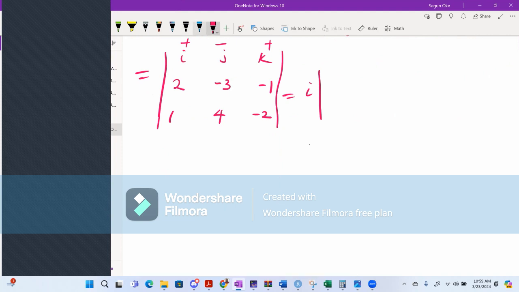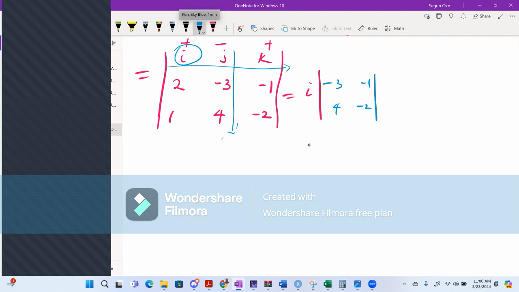Like I explained to you the other time, if I pick this one, the first row and the first column will be paralyzed. What is the remaining place? Minus 3, minus 1, 4, minus 2. Yes, thank you. So we leave this one.